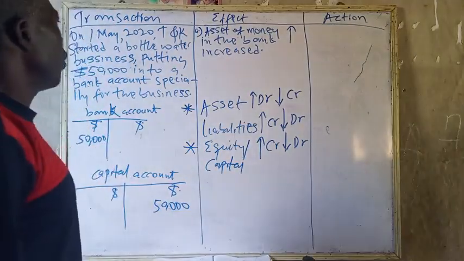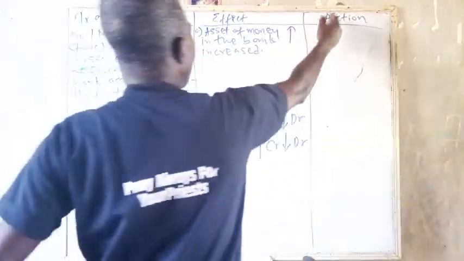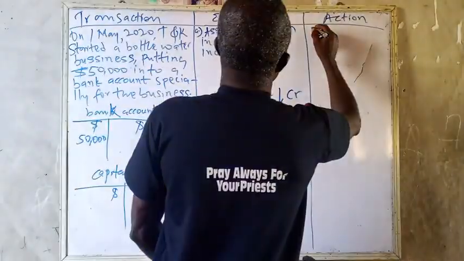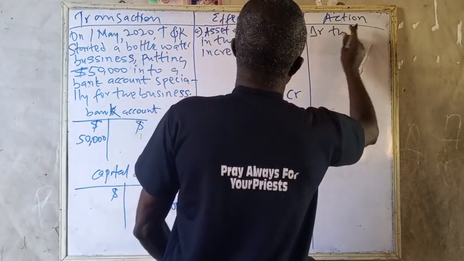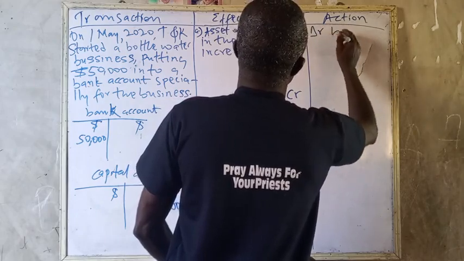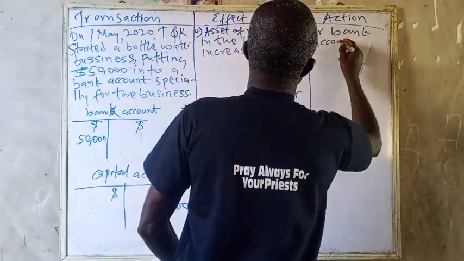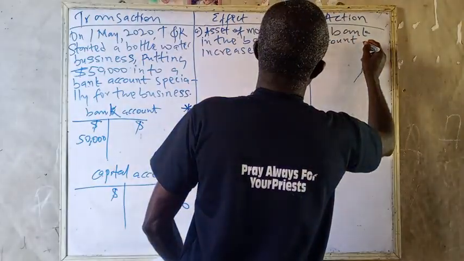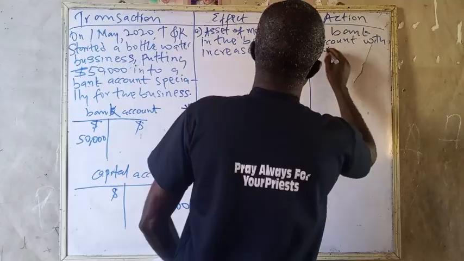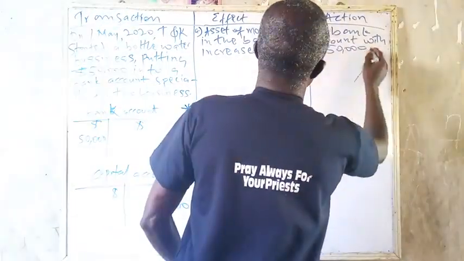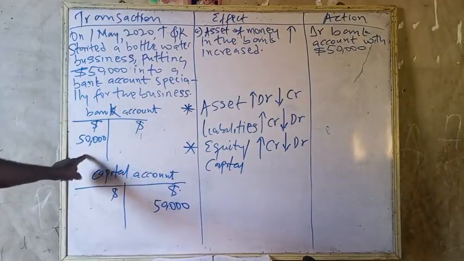And I said when assets increase, what do you do? You debit. The action to take is debit bank account with $50,000. That's the action to take. And that's what we do here.